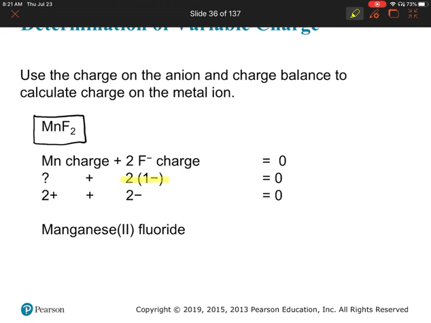We also know that ionic compounds should be neutral, so all of the charges in this ionic compound have to add up to 0. Now using that, we're going to figure out the charge on manganese. If we do the math, we would find that manganese has a 2+ charge to balance out the 2 negative charges coming from the fluoride ions. So we would name this manganese(II) fluoride.